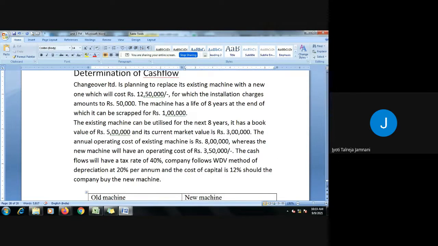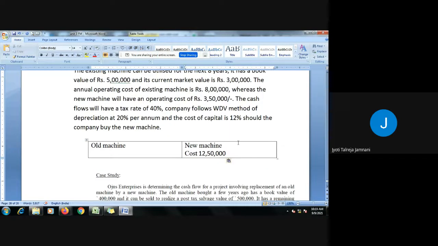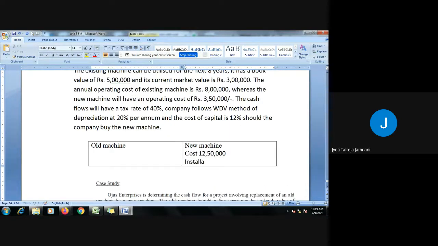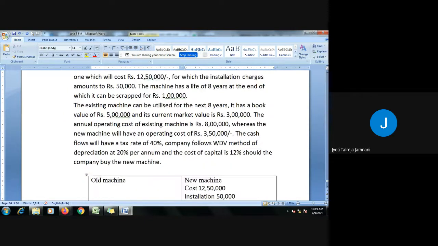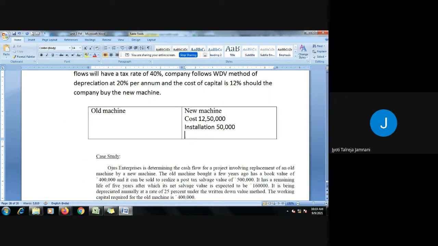Then for which the installation charges amount to rupees 50,000. So they've given installation 50,000. The machine has a life of 8 years, at the end of which the scrap value will be 1 lakh. So we have life 8 years, scrap 1 lakh.